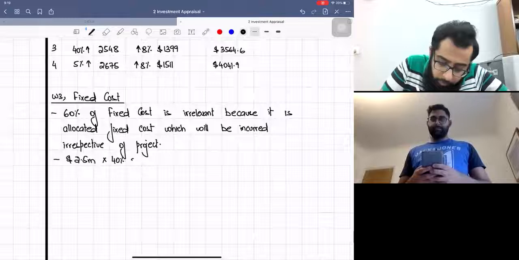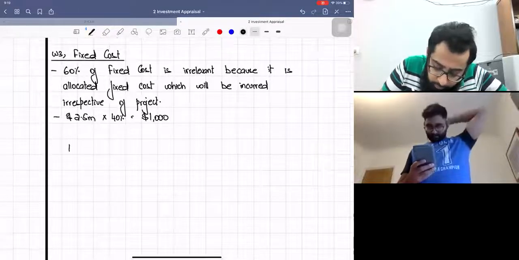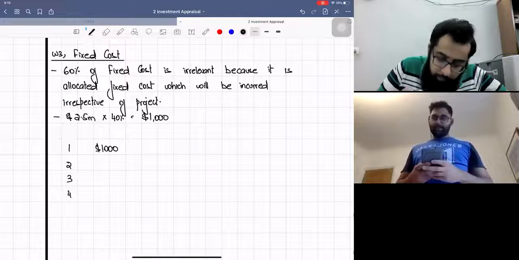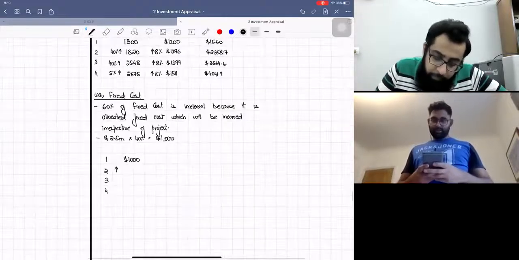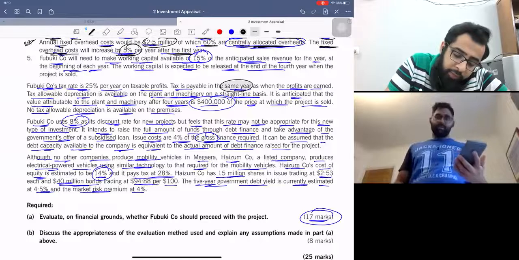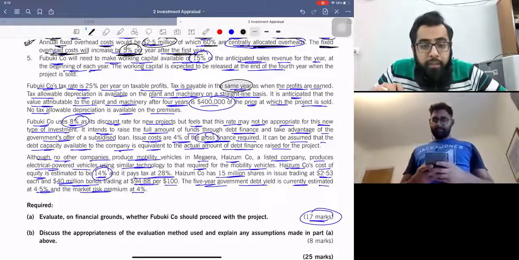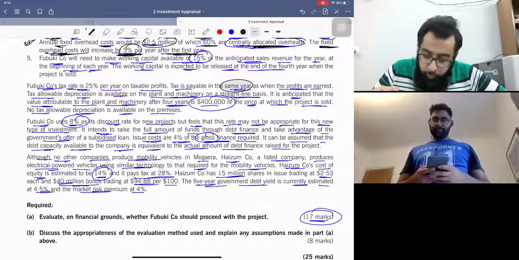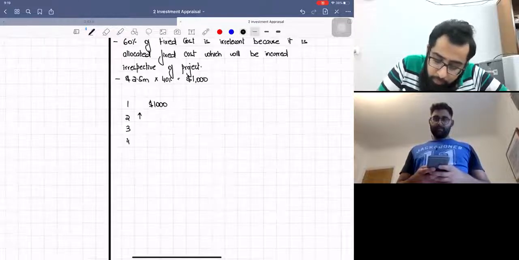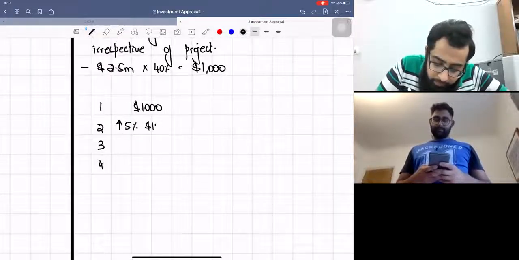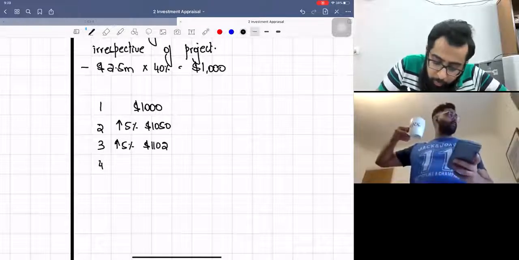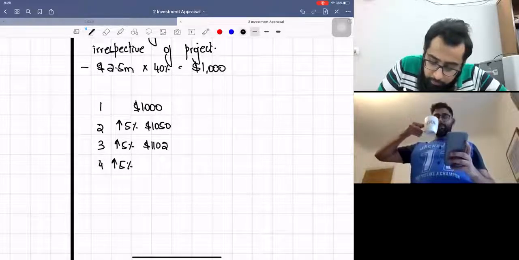So year 1, year 2, year 3, year 4: $1,000, increased by 5% after the first year. So 1050, then 1102, and 1158.